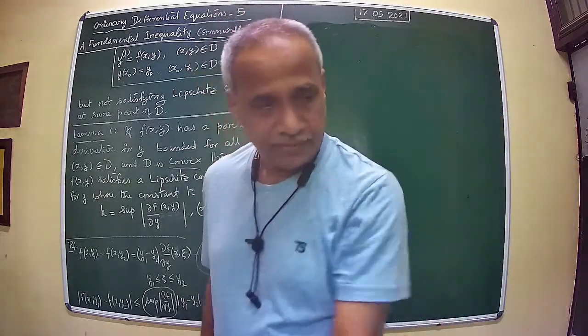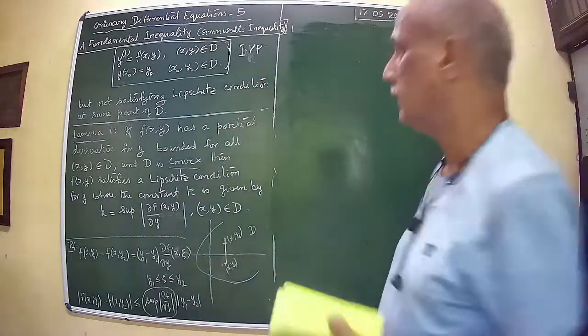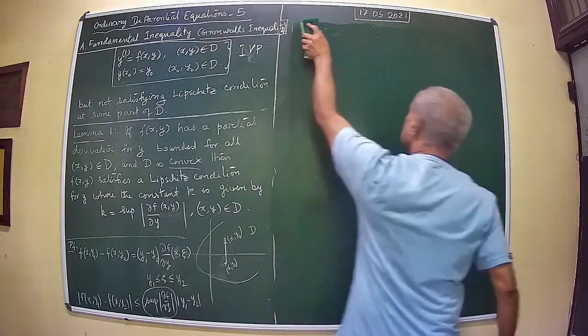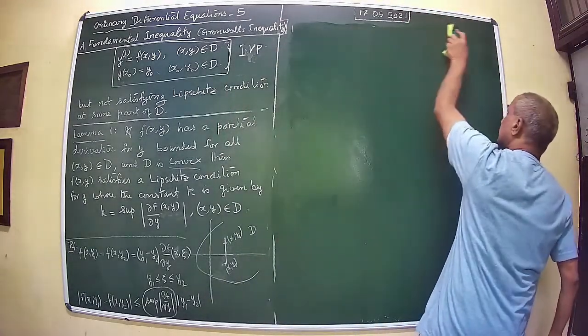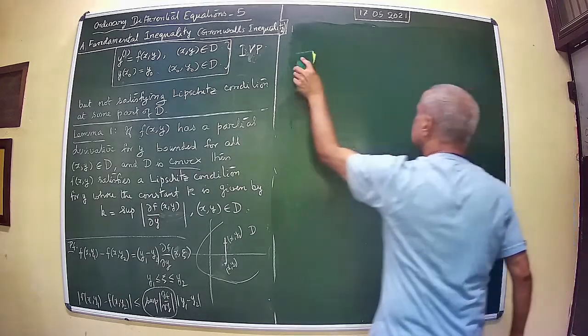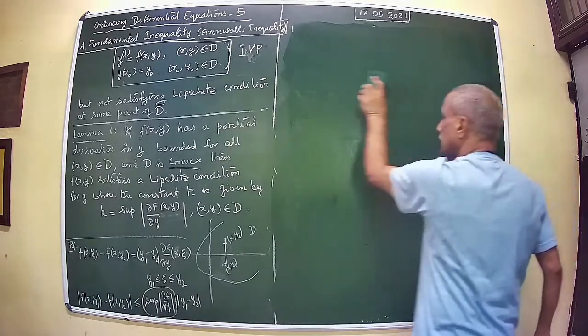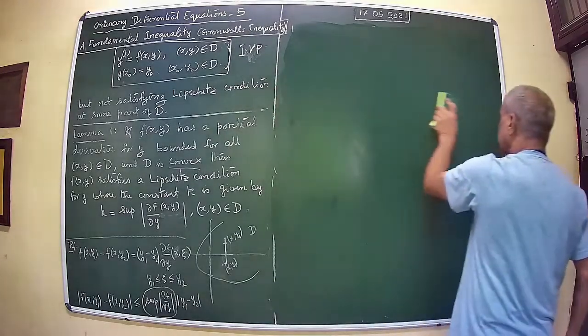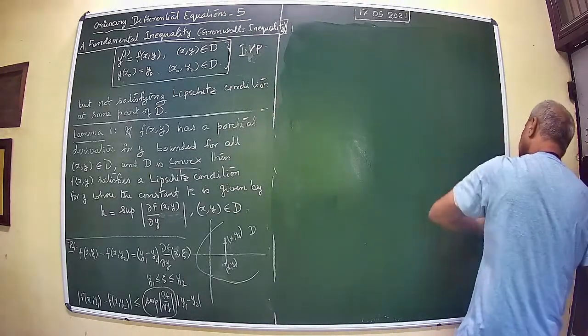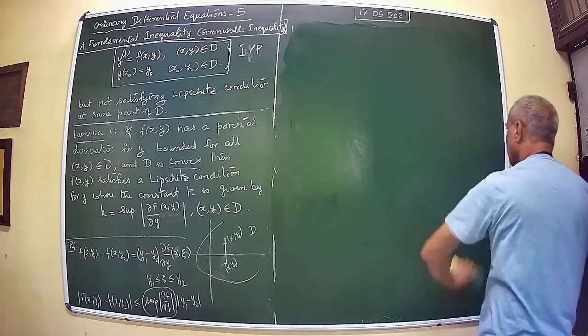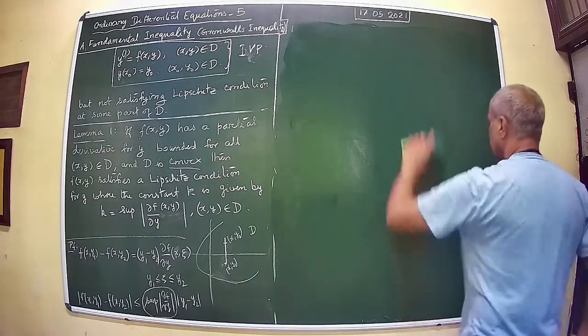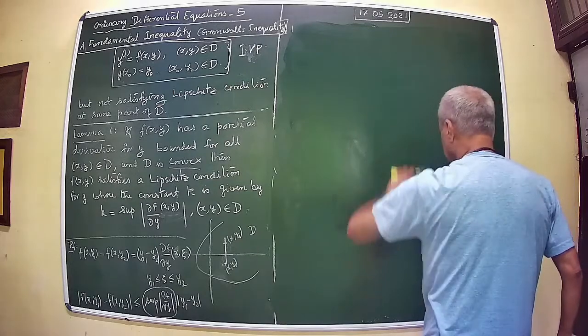So let us take the function. I'll give an example where even if the existence of a bounded partial derivative is not valid, even if the function is not differentiable with respect to y, still the function may satisfy the Lipschitz condition.